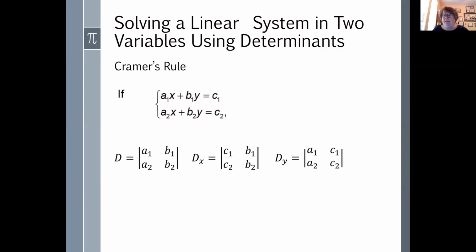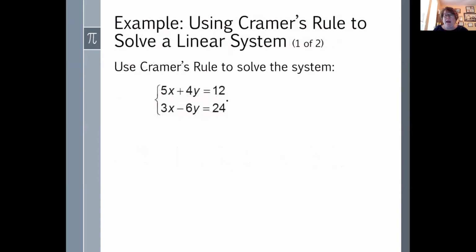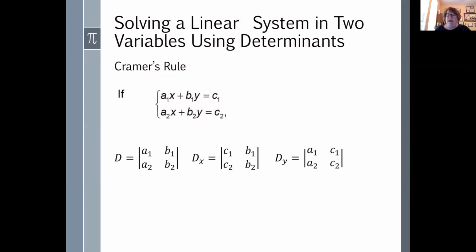So it's A1, C1, A2, C2. And from that, we can find x and y. X is the determinant d sub x divided by the determinant d. And y is d sub y divided by d. So we can find three determinants and find x and y from those three determinants.